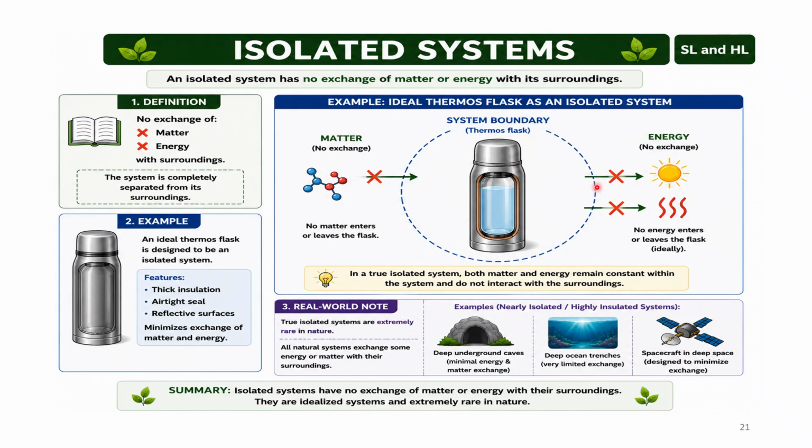Examples such as deep underground caves, deep ocean trenches, or spacecraft in deep space may behave as nearly isolated systems, but they are not completely isolated. Understanding isolated systems helps students compare them with open and closed systems and appreciate how exchanges of matter and energy influence environmental processes and ecosystem functioning.